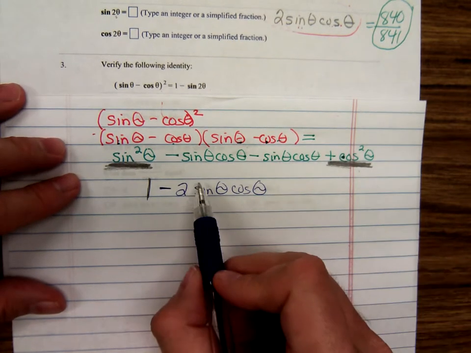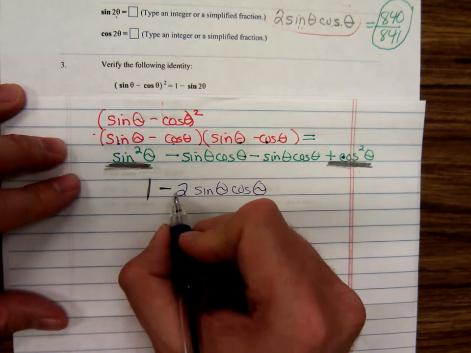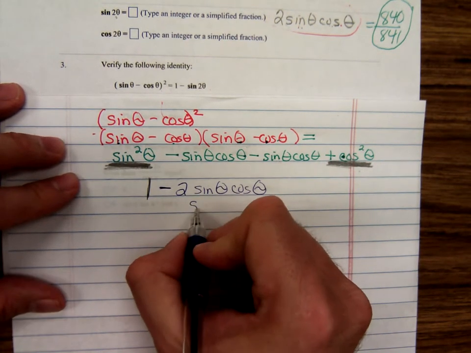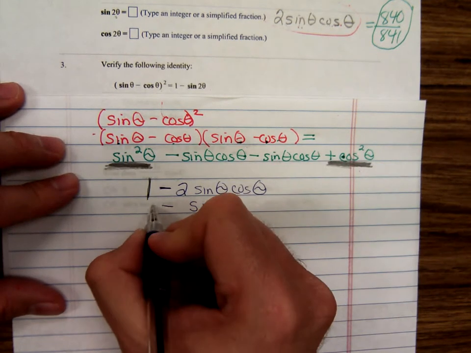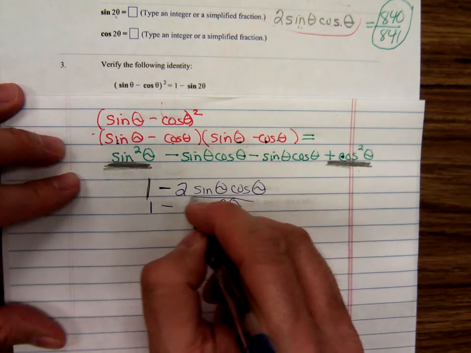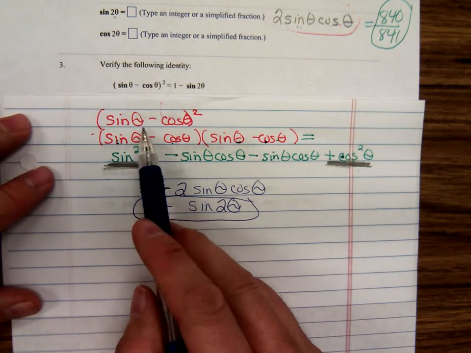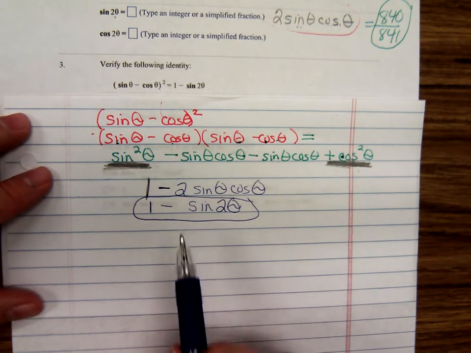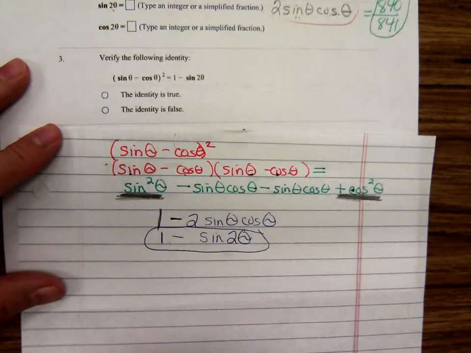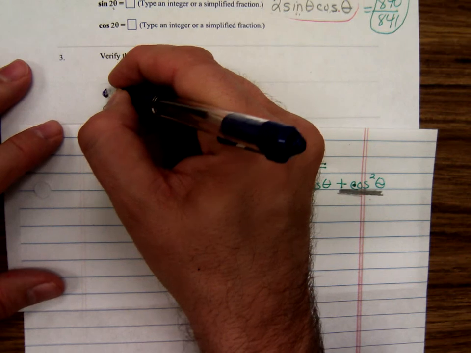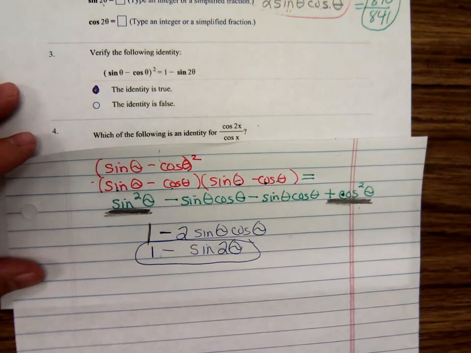And do we recognize 2 sine theta cosine theta? This is the double angle identity for sine: sine 2 theta. So sine theta minus cosine theta all squared does equal 1 minus sine 2 theta. So yeah, it's true. They're not all 50-50 like that.